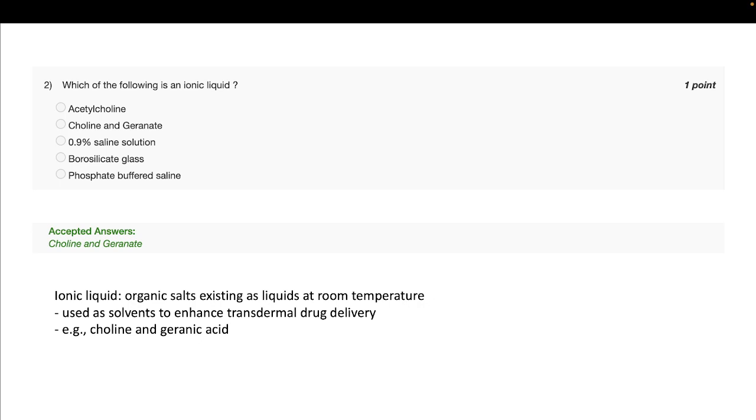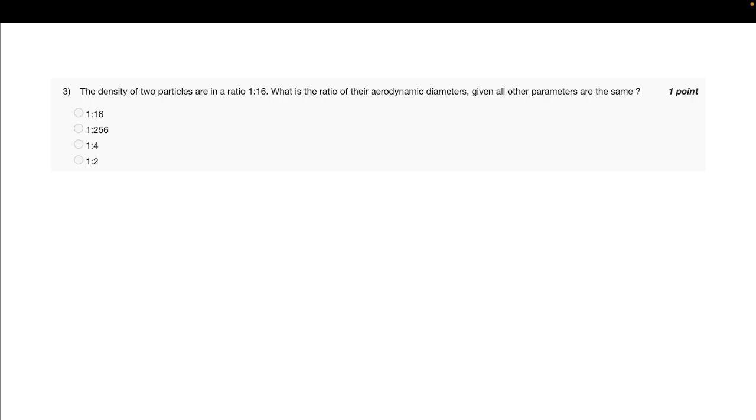Okay, then moving on. The third question is: the densities of two particles are in a ratio of 1:16. What is the ratio of their aerodynamic diameters, given all other parameters are the same? Any guesses?